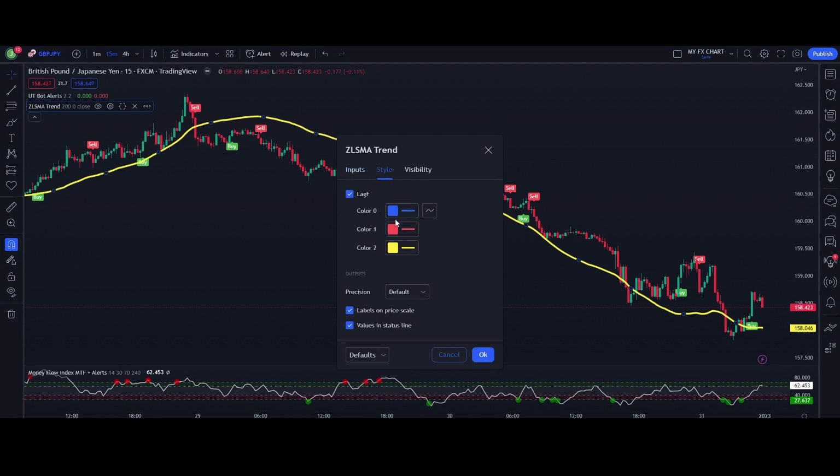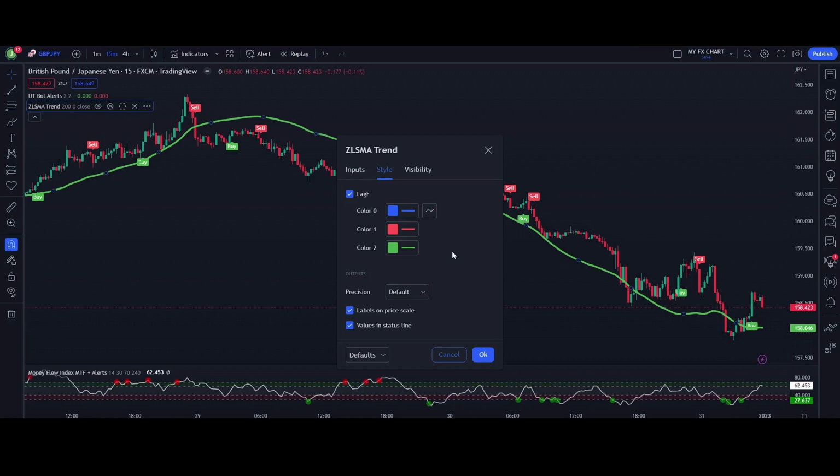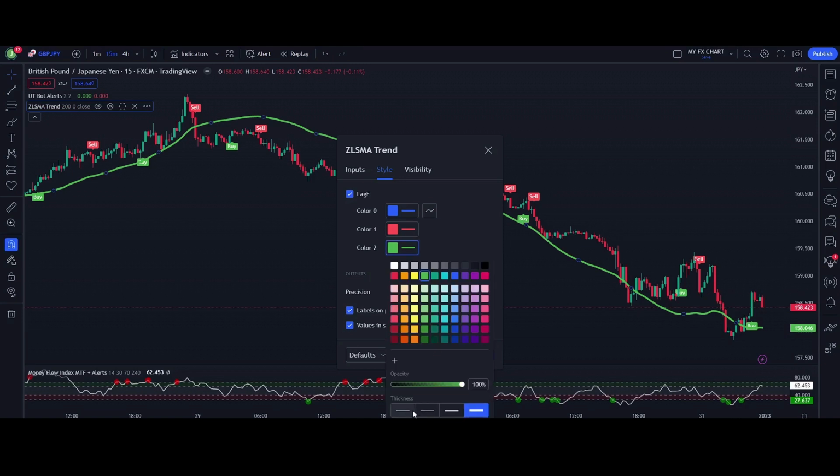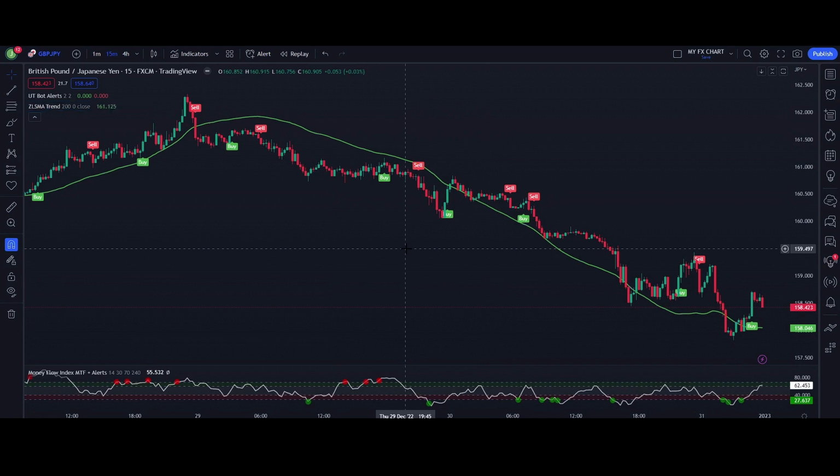In the Style tab, change the color to green and reduce the thickness a bit. This indicator will tell us whether we should be taking long or short trades. If the price is above it, it's a bullish trend and we should only be taking long trades. If the price is below it, it's a bearish trend and we should only be taking short trades.